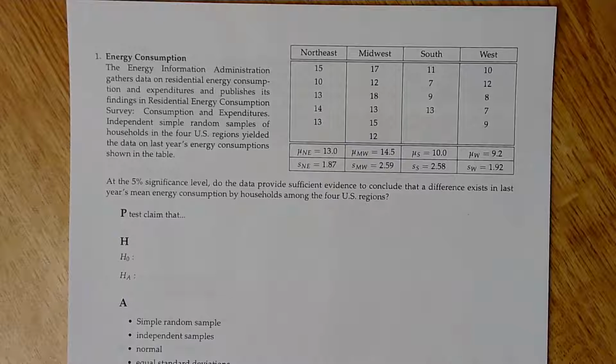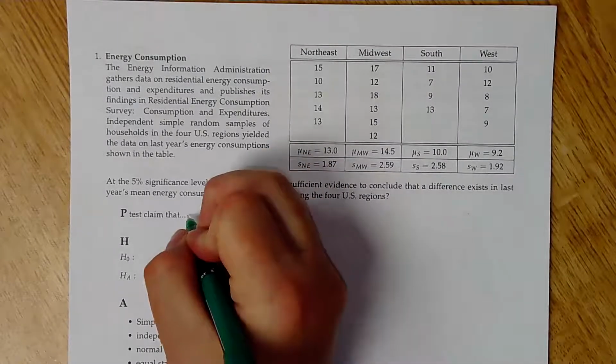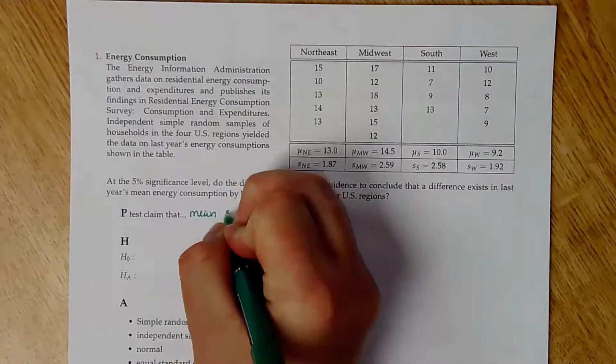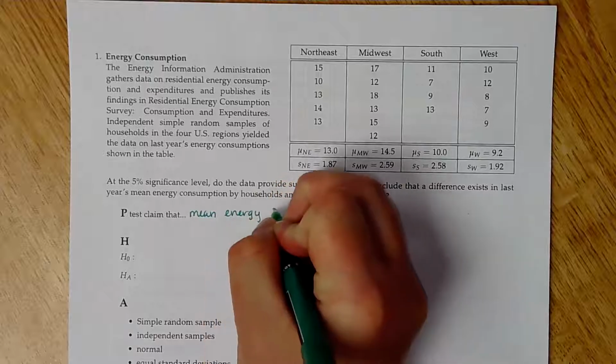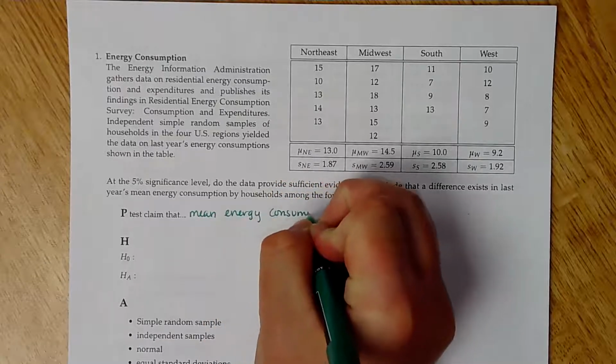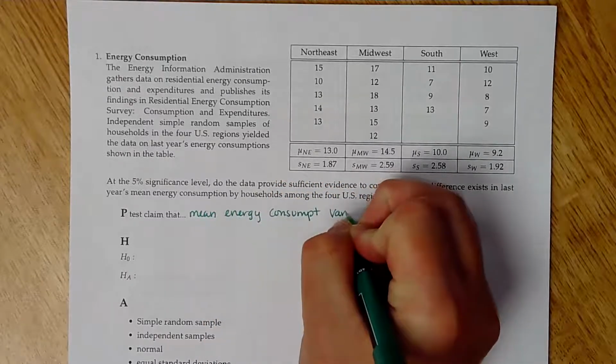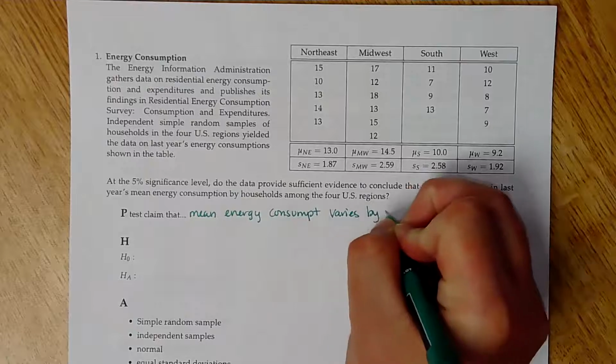At the 5% significance level, do the data provide sufficient evidence to conclude that a difference exists in last year's mean energy consumption by households among the 4 U.S. regions? So I'm going to test the claim that mean energy consumption varies by region.